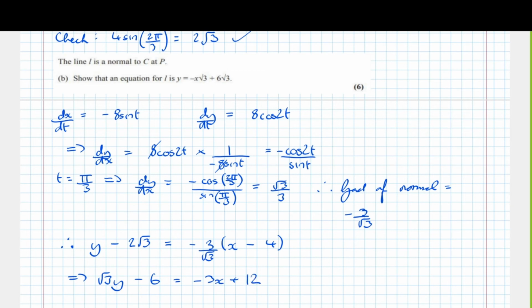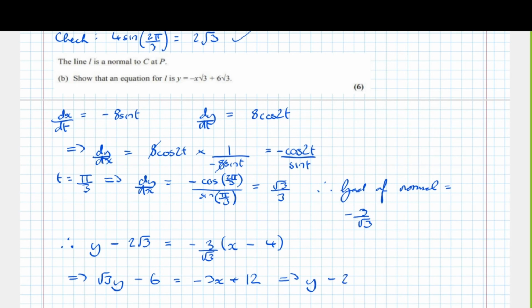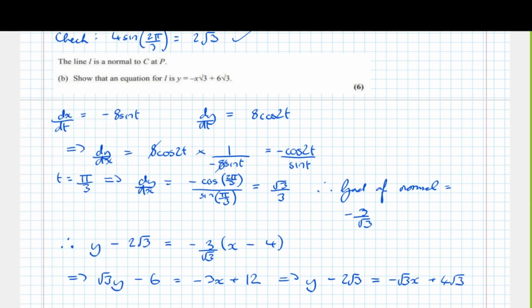So is that anywhere near what we were asked to find? Well, let's rearrange it to say y equals. So divide everything by root 3. Y minus, so 6 over root 3 is 2 root 3. Minus 3 divided by root 3 is minus root 3 x plus, and 12 over root 3 is 4 root 3, like that.